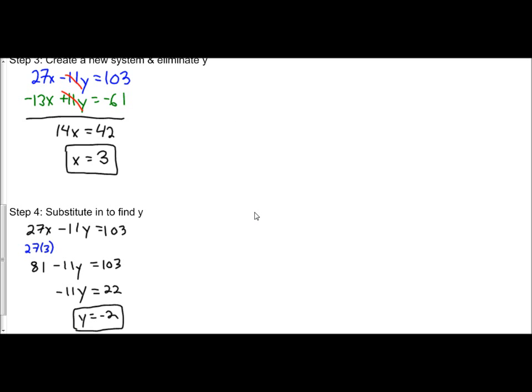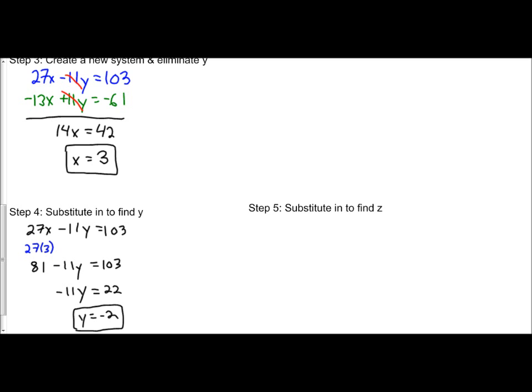So I now know x. I now know y. Step 5 is to substitute and to find the last variable of z. And so I can use any of my original equations.